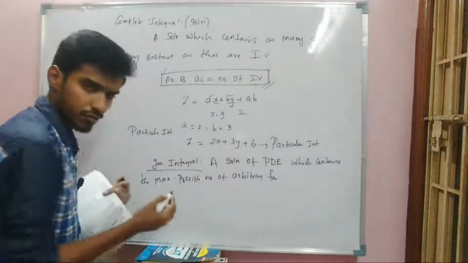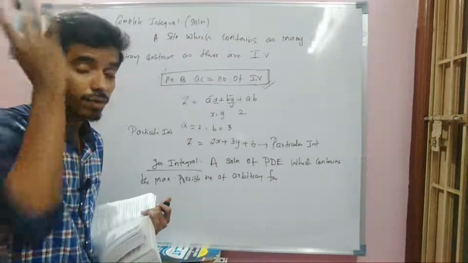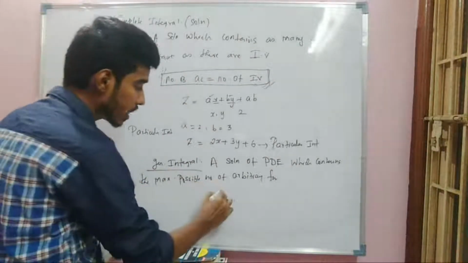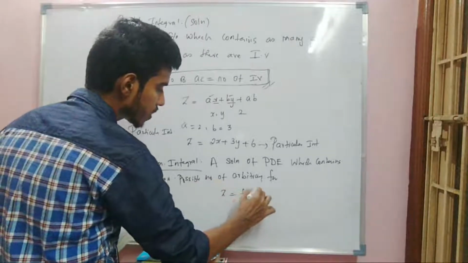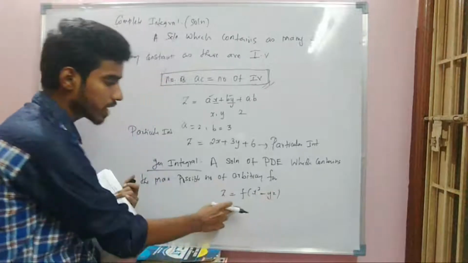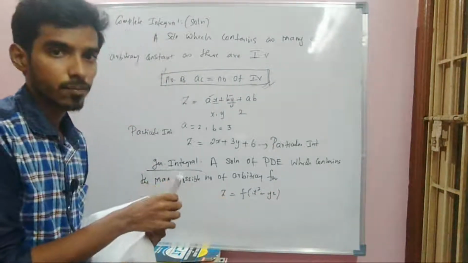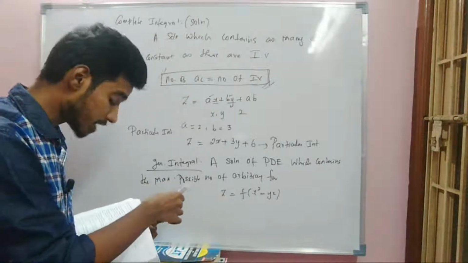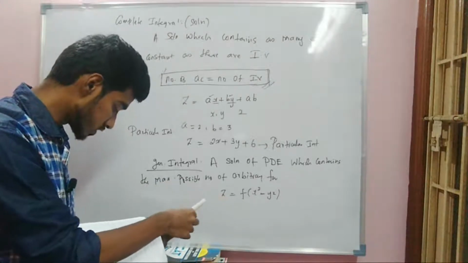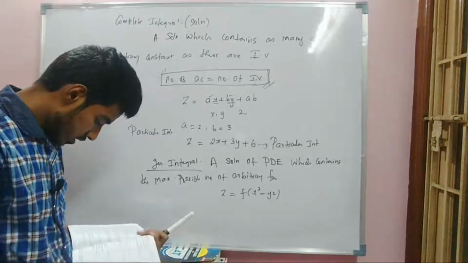For example, we have seen some solutions of PDE obtained by eliminating arbitrary constants or arbitrary functions. We have a solution like z is equal to f of x square minus y square. This is called a general solution for that partial differential equation.